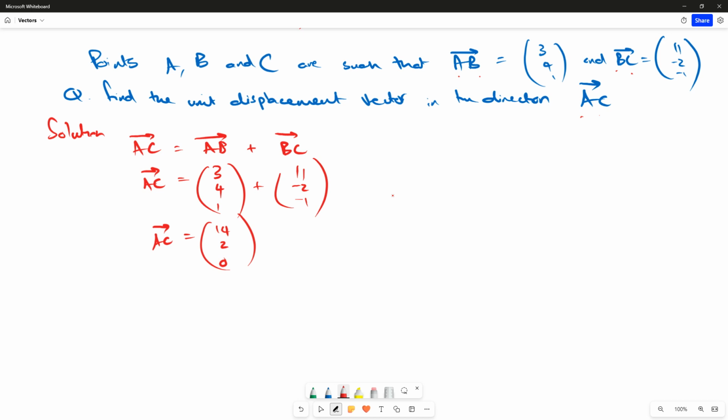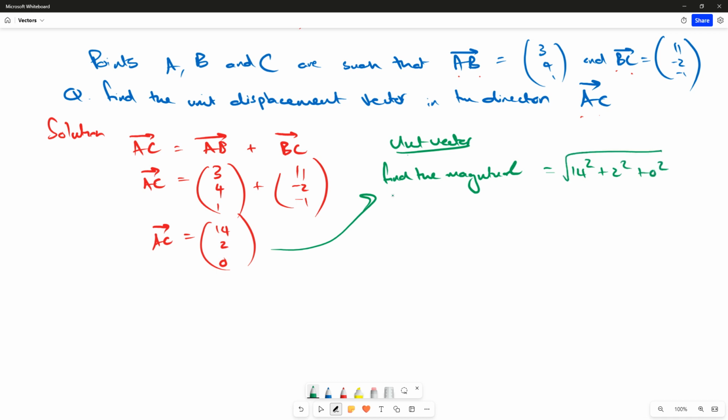Now we want to find the unit displacement vector in the direction AC. We have found the vector. So step 1, let's find the magnitude. When you get the unit vector protocol, find the magnitude. So the magnitude is going to be equal to the square root of 14 squared plus 2 squared plus 0 squared.